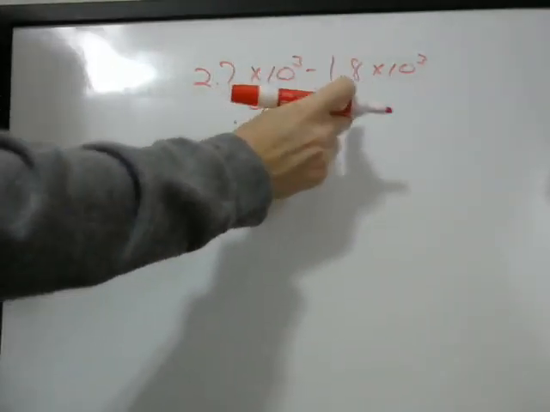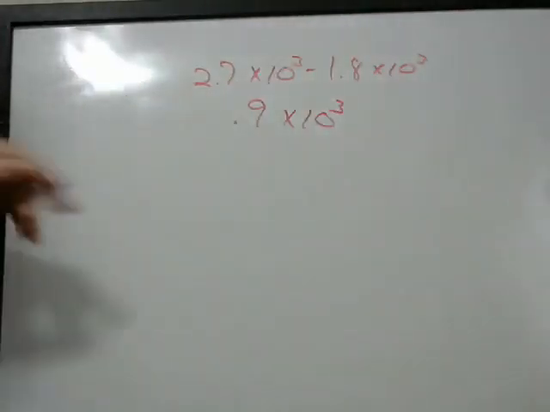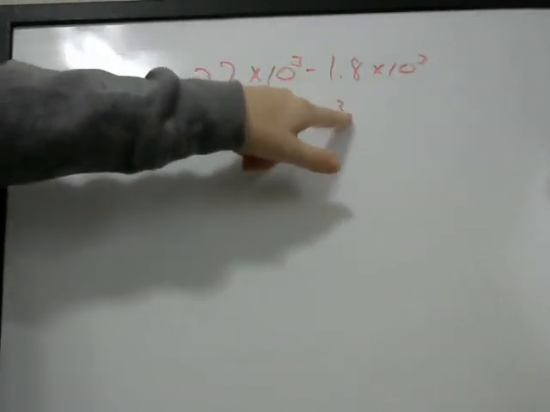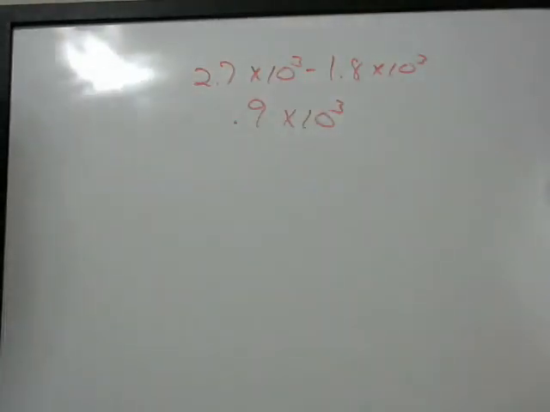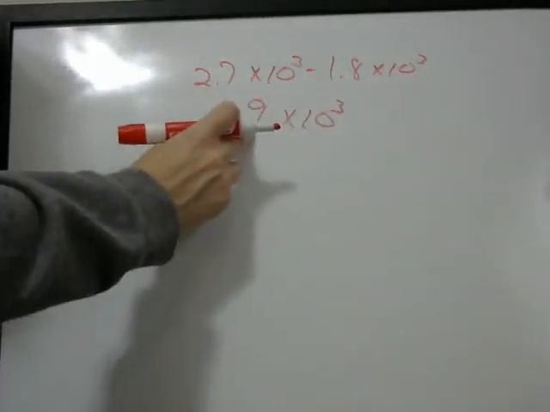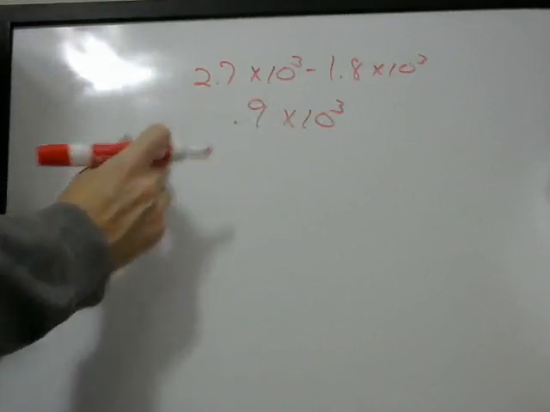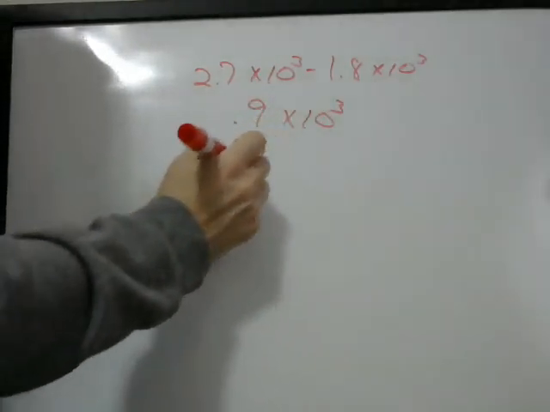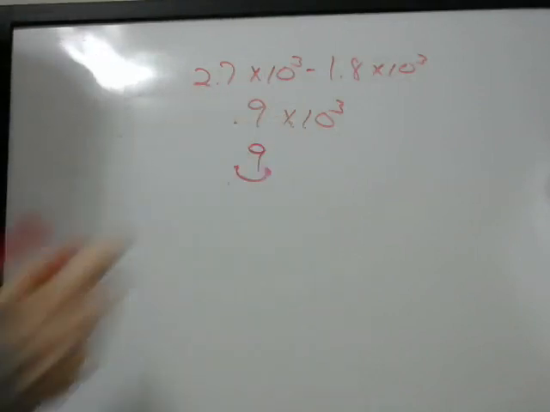Again, you leave the number alone. You don't add them, you don't subtract them. If you're doing addition or subtraction, you have to leave it alone. So we have 0.9 times 10 to the 3. Again, this isn't in scientific notation because there should be one number to the left of the decimal for scientific notation. So we're going to move that over to the right one time.